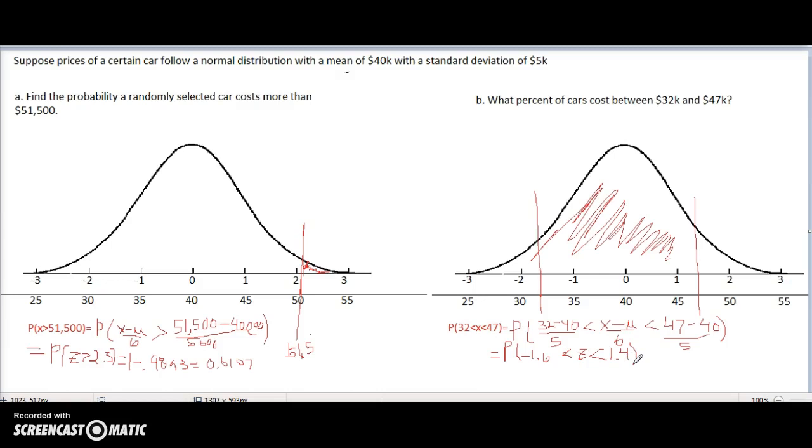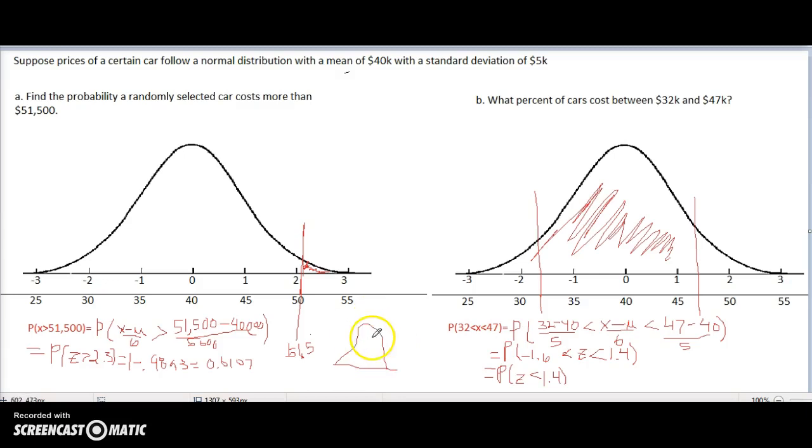So we look on the normal table again, and keeping in mind, to find this probability, this is going to equal the probability that z is less than 1.4. If this image helps a little bit, this is what we're going to do.